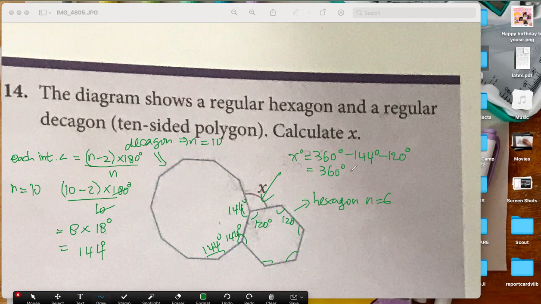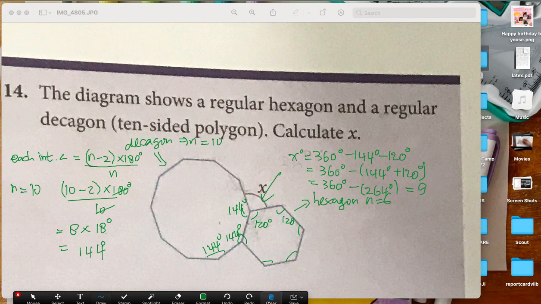So then here it is going to be 96. Wait, it's not. It has to be an obtuse angle. But let me check it again. Yeah, I was correct. x equals to 96 degrees.